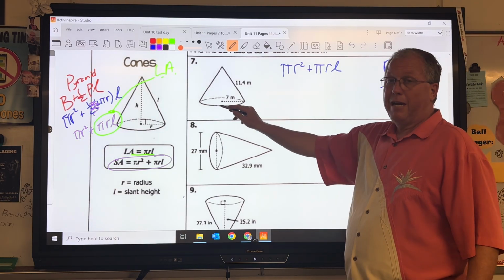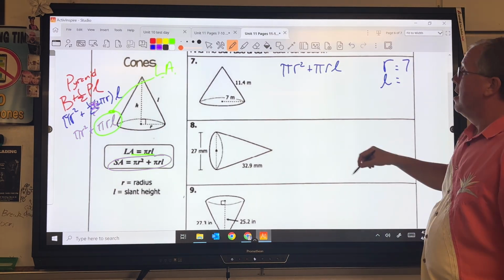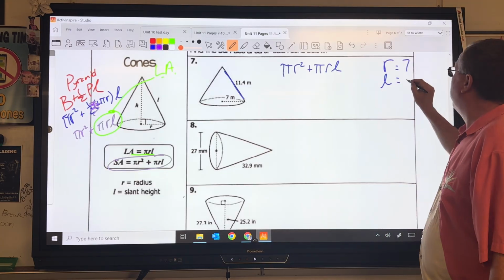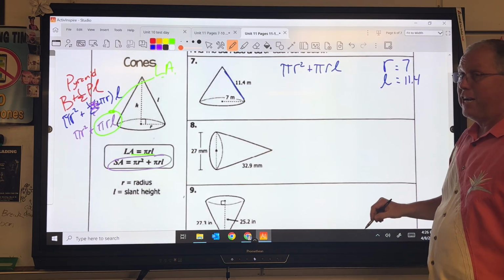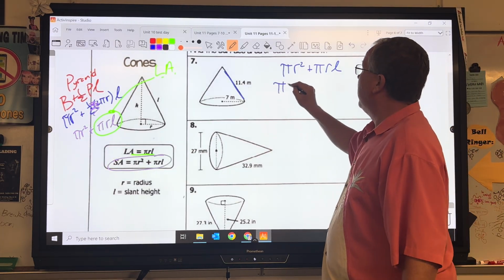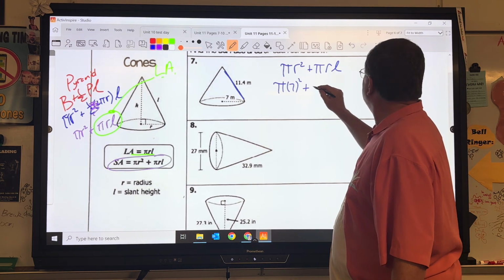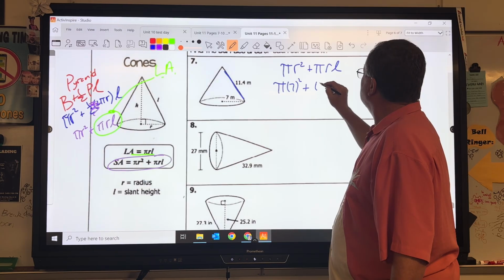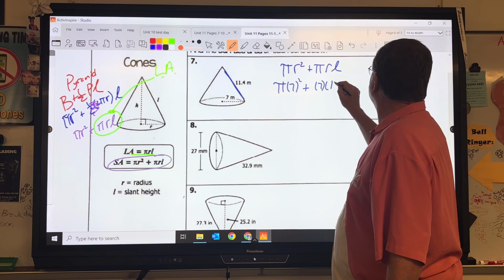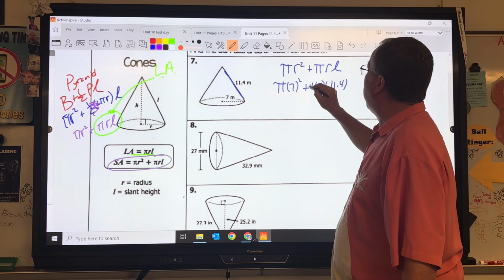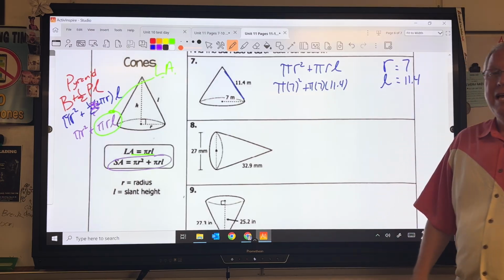My radius, they tell me is 7, so I put 7. My slant height, they tell me is 11.4, so I put 11.4. And I come over here and go pi times 7 squared plus pi times 7 times 11.4.